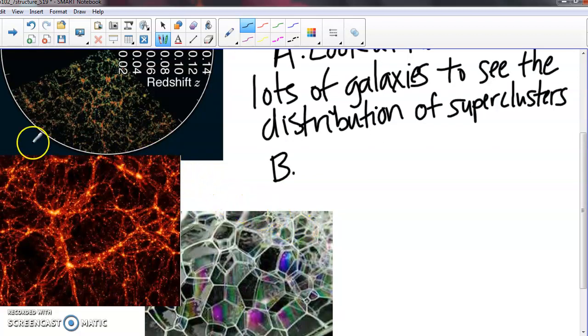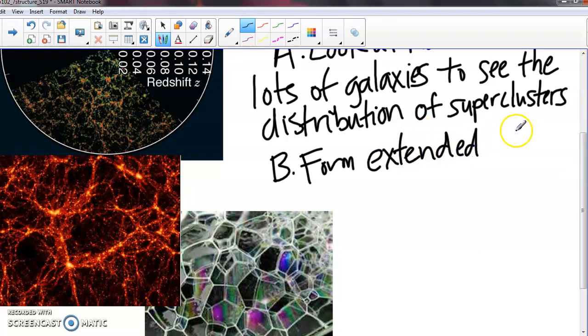This is a simulation of what this would look like up close, and this is an example. What we see is that these superclusters form extended filaments and walls. Okay, so the superclusters are not round, globular, like our globular clusters, but they are thin.